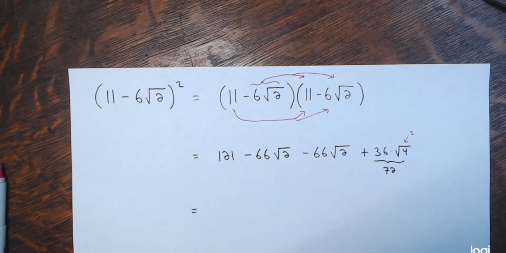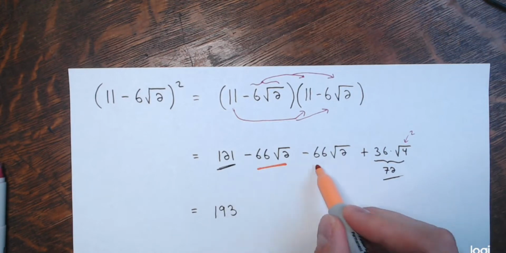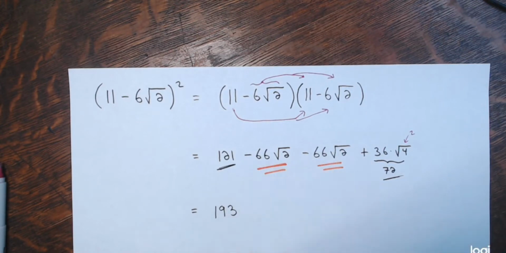And now I'll combine the like stuff, right? The non-radical terms, the constant terms, we have 121 plus 72. That's 193. And then the radical terms, they both have the square root of 2 attached.